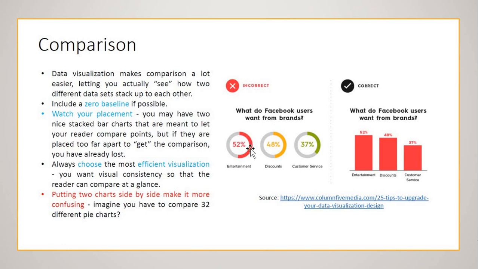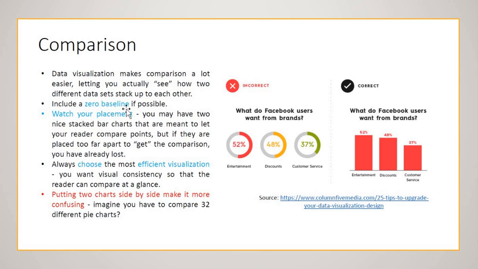Berbanding dengan yang ni, even though you put the value in percentage, walaupun orang nampak percentage, this one is the highest percentage, followed by this one and the last one this. Tapi sekali pandang, a quick glance, orang tak terus nampak tinggi rendah tu. Kalau yang ni, orang lebih mudah buat conclusion, jump to the conclusion.